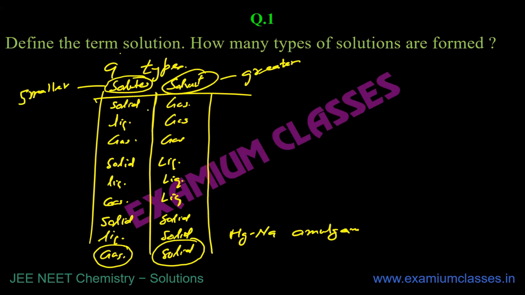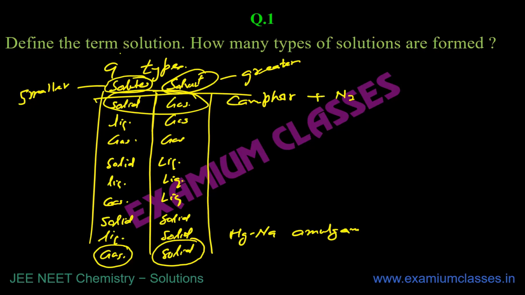Now if I talk about solid into gas, it can be camphor, right? Camphor sublimes. So if camphor sublimes, it remains in the form of solid particles, and when those are mixed with any gas with which it does not react, for example nitrogen, camphor plus nitrogen will give you solid into gas.